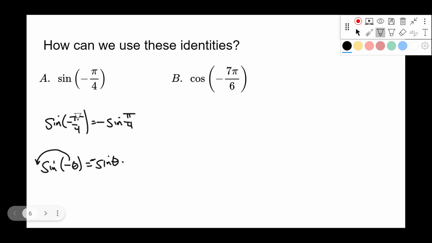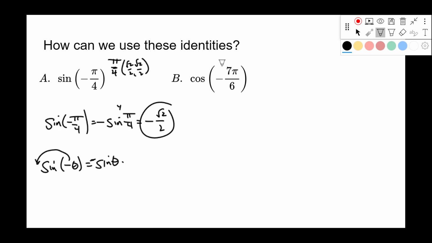Oh, well, now I don't have to go clockwise anymore. I could just go to the regular pi over 4 on my unit circle. Pi over 4 on the unit circle, that's root 2 over 2, root 2 over 2. Sine is the y-coordinate, so I'm going to do the negative of the y-coordinate, negative root 2 over 2. That's my answer. That's what sine of negative pi over 4 is equal to.